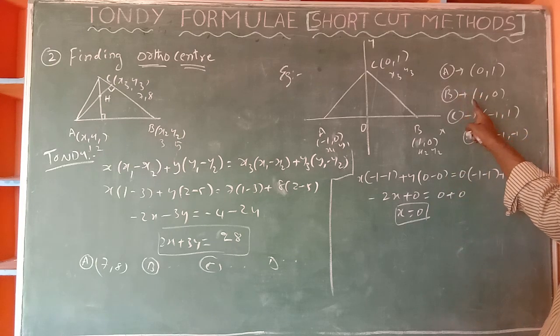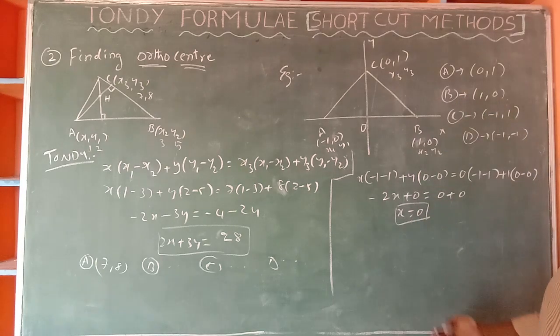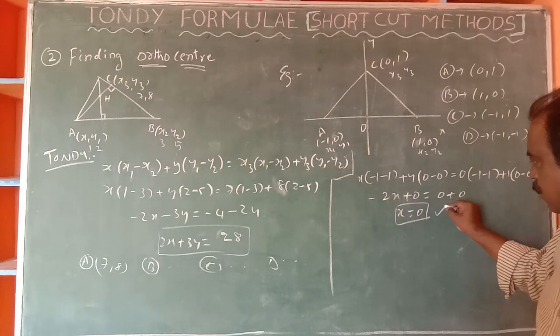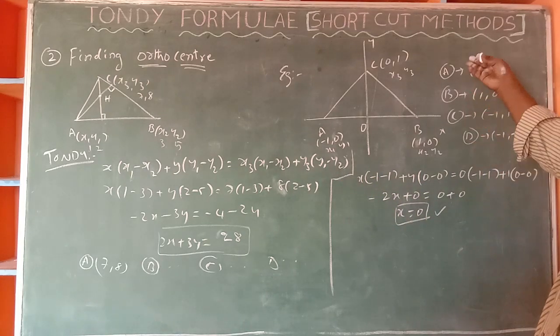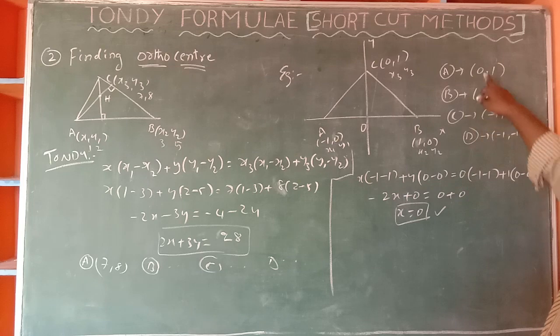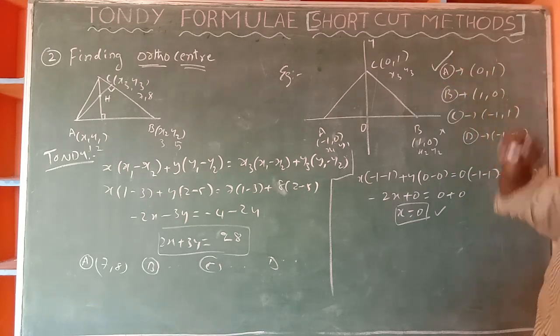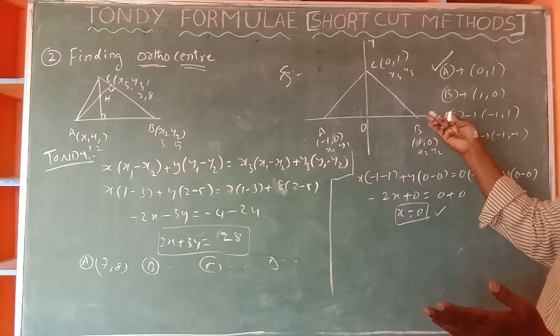Which option satisfies this equation? By using the Tondy method we get the equation x is equal to 0, which means the x coordinate is 0. Out of these 4 options, where the x coordinate is 0, only the first one. So this is correct.